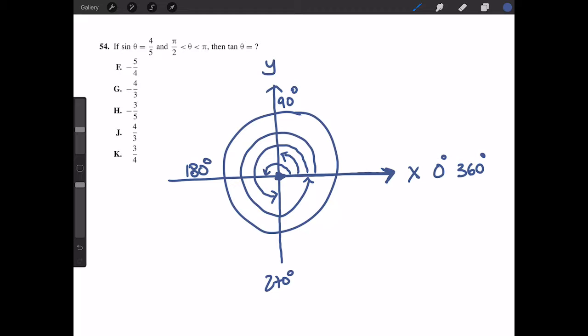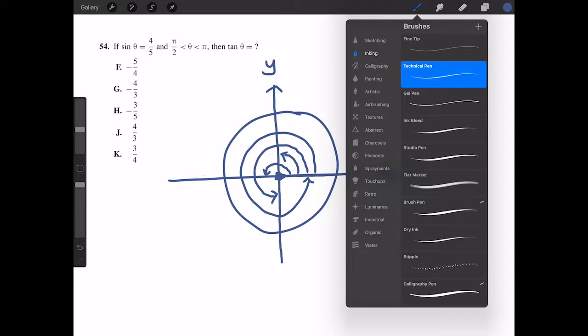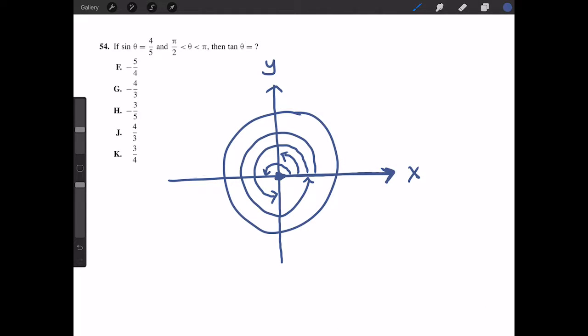Radians work as follows. Instead of using degrees, it's like centigrade and Fahrenheit, different measuring units. Well, the more natural unit, which is radians, works as follows.